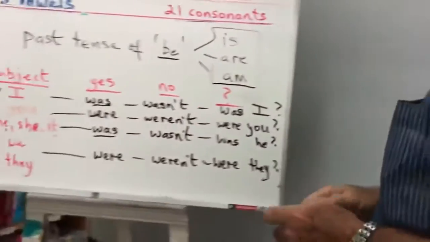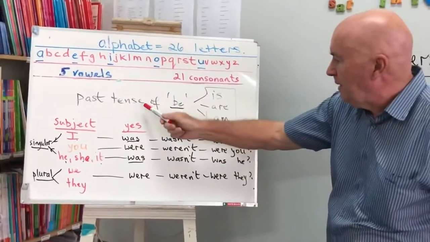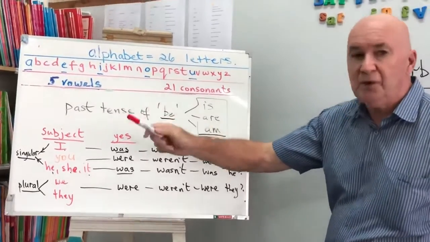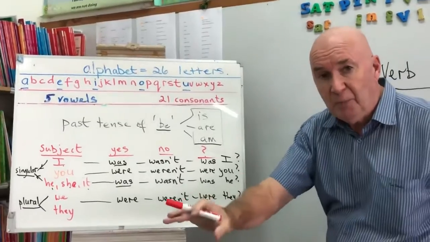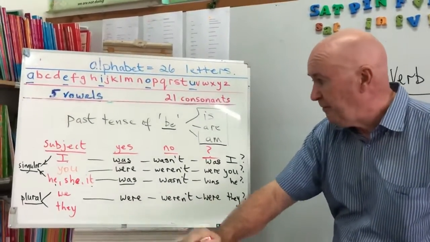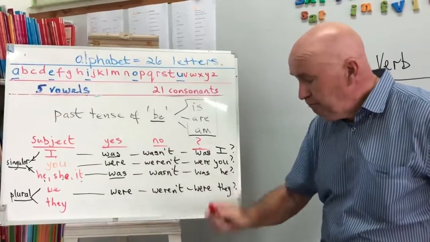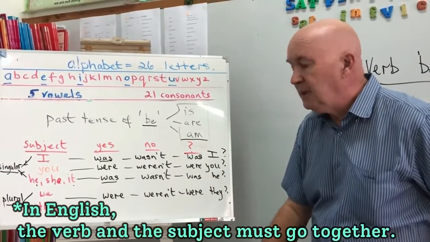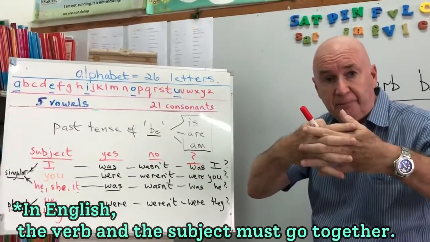Okay? So, the verb be is is, am, are. And the past tense, when we're talking about something that is finished, that is over, no more, done, ended, then we have to change this to was and were. And of course, in English, the verb and the subject must go together.